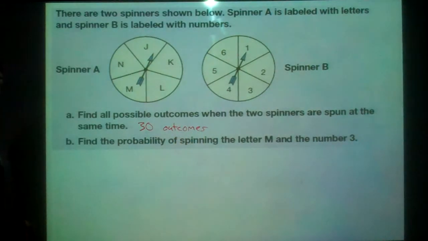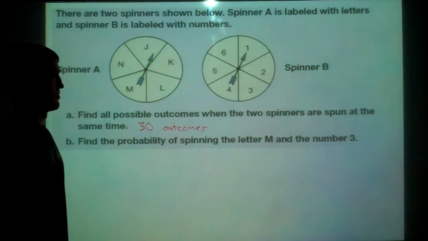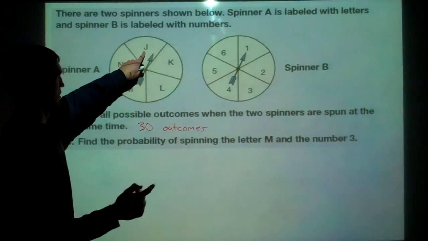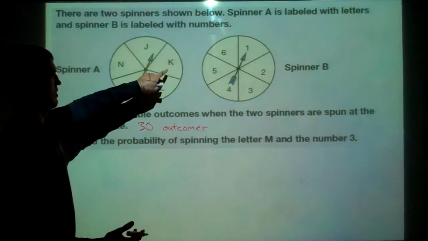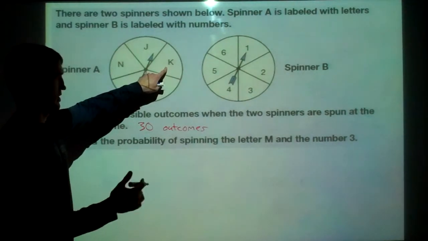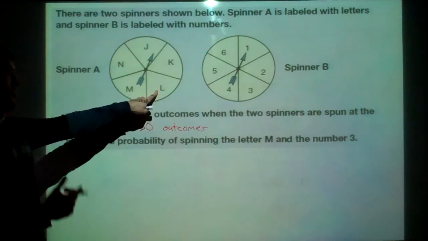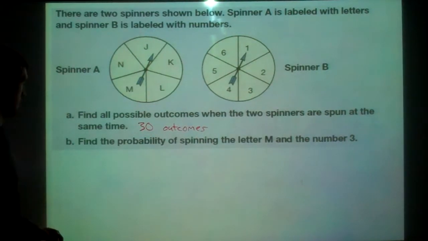And in this particular example, it does ask us to find all of those possible outcomes. So we would start off by saying J1, J2, J3, J4, J5, J6, K1, K2, K3, K4, K5, K6, L1, L2, L3, that type of thing. So we would have to find that for this one.